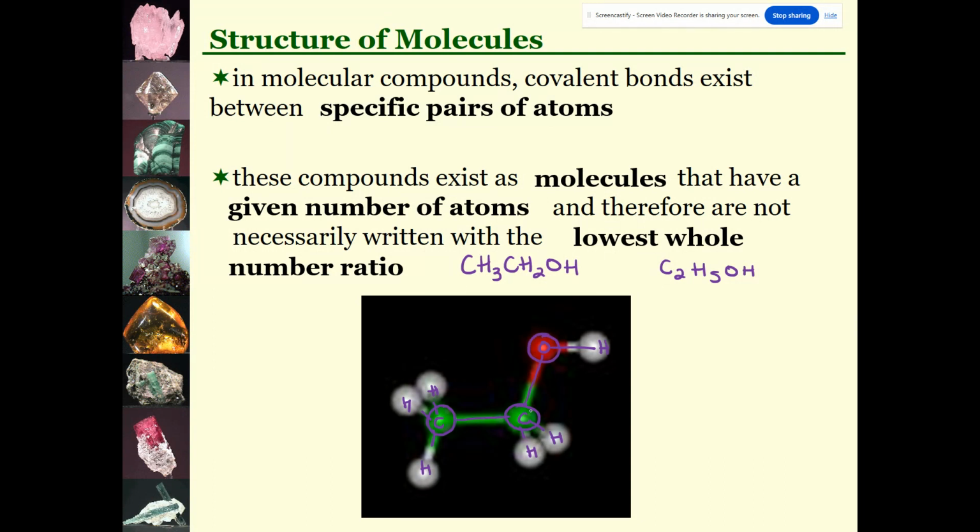So there are 3 central atoms in this molecule, and they each take on a specified shape around them based on how many atoms are bonded to them, as well as if they have any lone pairs on them. And the oxygen in this case would have 2 lone pairs. Okay? So the shape around the oxygen is actually something called bent. And the shape around the 2 carbons is a shape called tetrahedral.